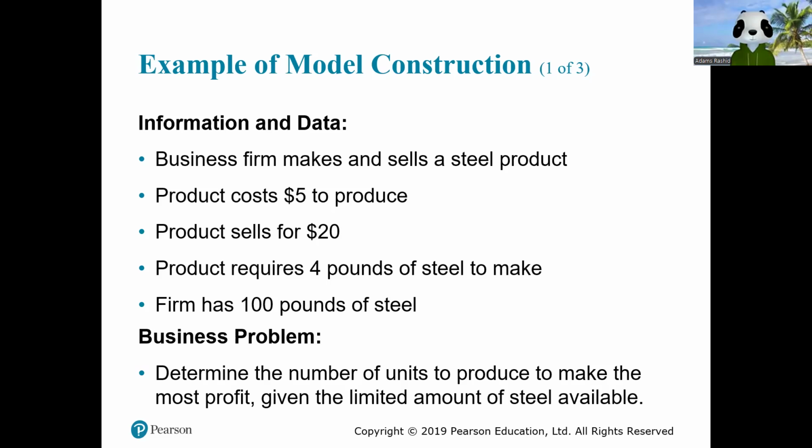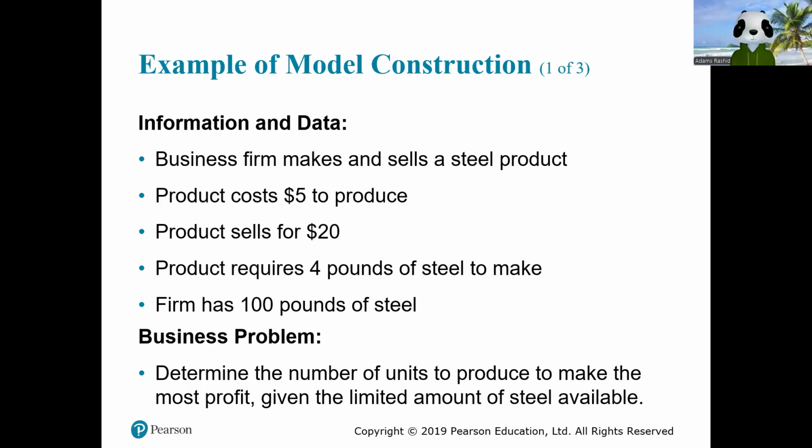So what he intends to do is to produce a steel product. He has further observed that it will cost $5 to produce one steel product. So this is the cost. Cost is what? $5.